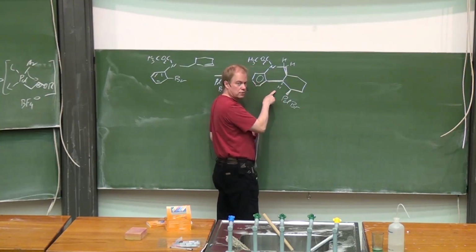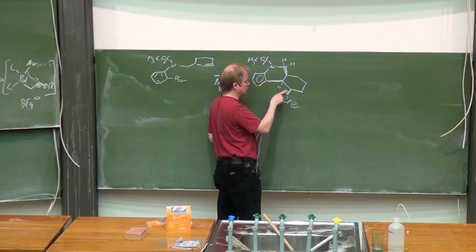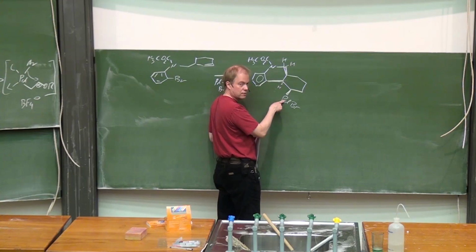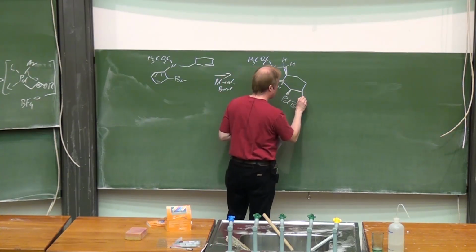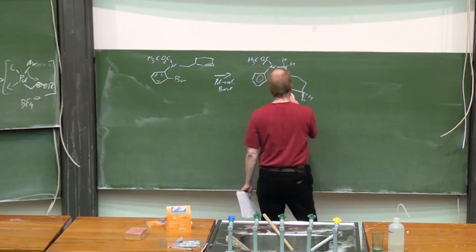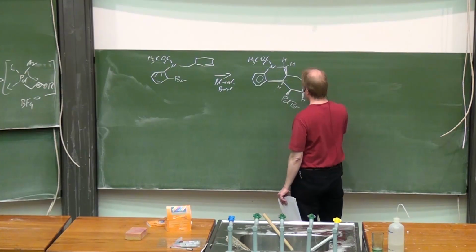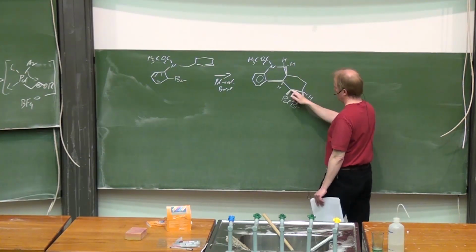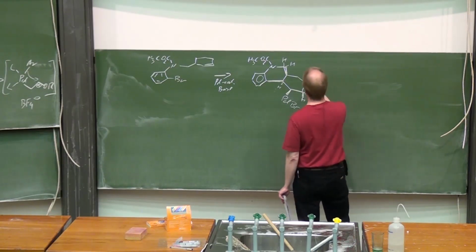This hydrogen is translocated with palladium, and here we have a syn one and a trans one, and therefore the beta hydride elimination will occur here and form the double bond in this position.